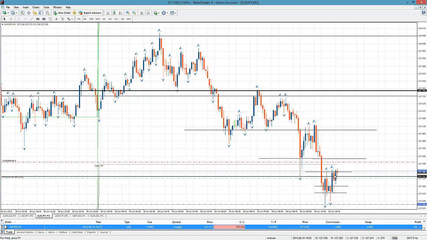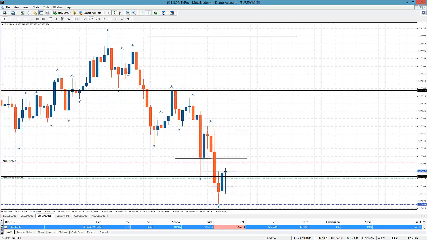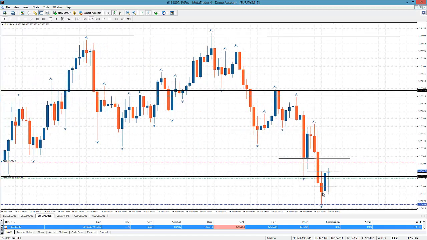Okay, so you can see buyers coming in here at support, and the next area where prices like to sort of move up towards is this region here. So just look at the 15-minute chart. See how bullish this big candle is here. Okay, nice bullish looking candle.